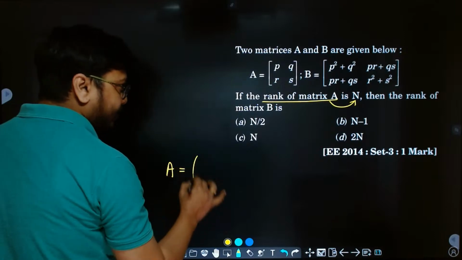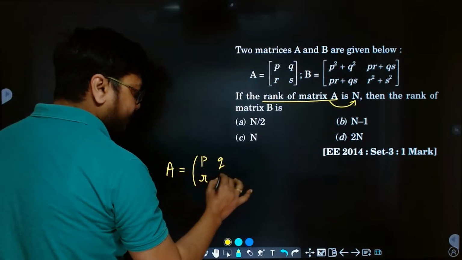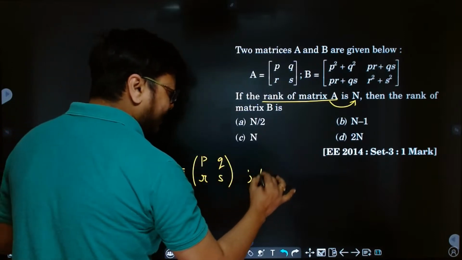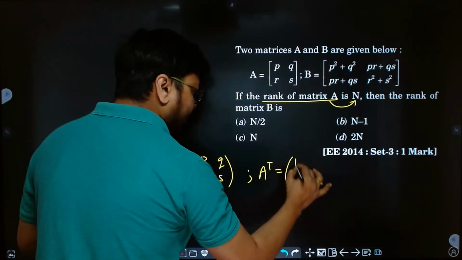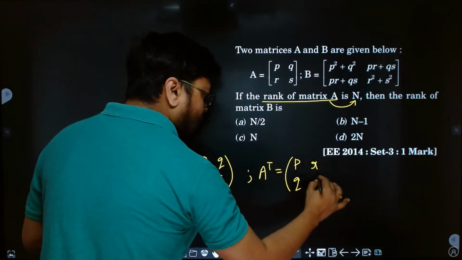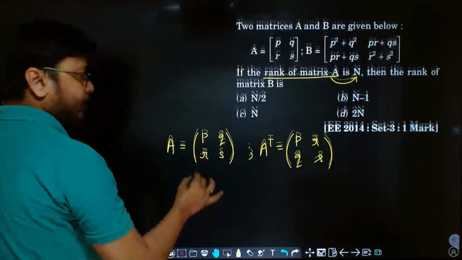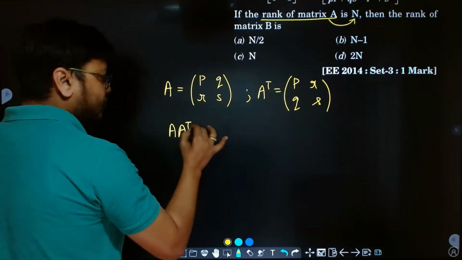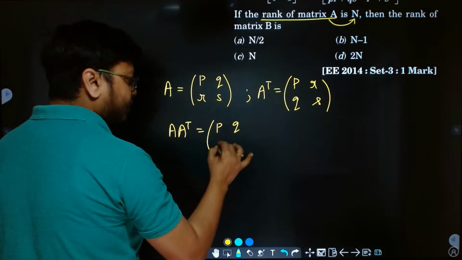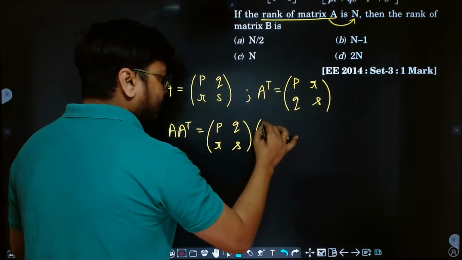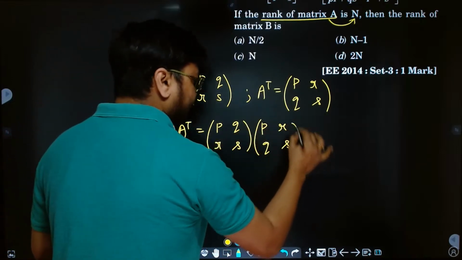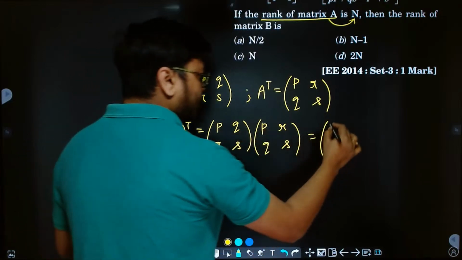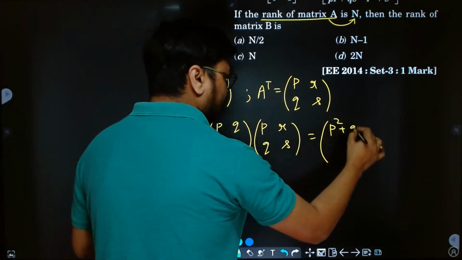If you look carefully at the B matrix, this should come to your mind. A is given by P, Q, R, S. So A transpose will be P, Q, R, S column wise. Now, if I multiply A with A transpose, I will get P square plus Q square as the first element.